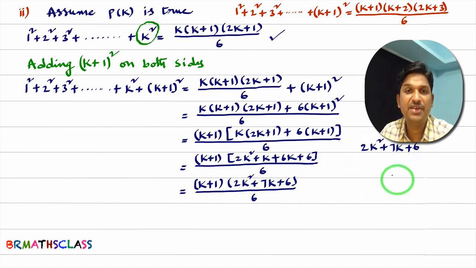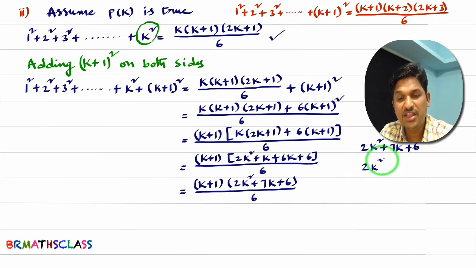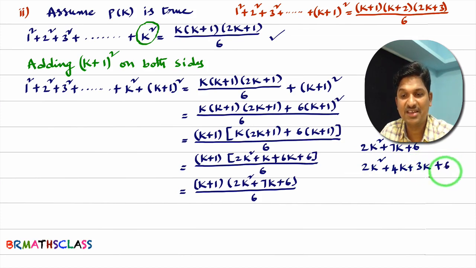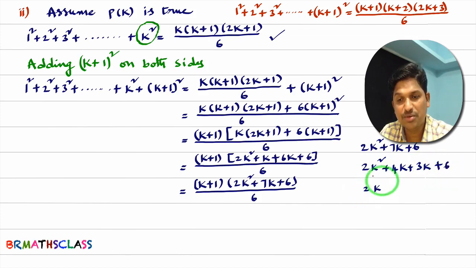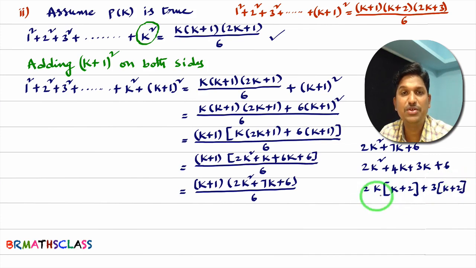2k square plus 7k plus 6. You split the middle term by writing it as 4k plus 3k. 4k plus 3k is 7k, plus 6. Now in these first two terms you take 2k common. If you take 2k common, what will you get? You will get k plus 2, plus in these two we can take 3 common, then what you will get? k plus 2. So in this term also k plus 2 is there, here also k plus 2 is there.